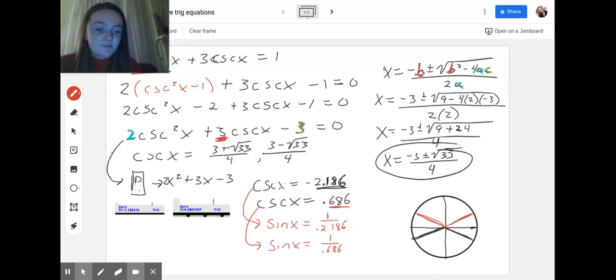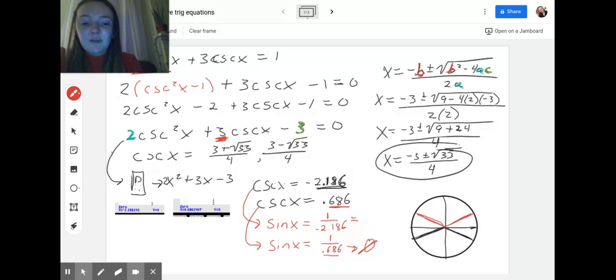It's going to save us some time. If I take the arc sine of 1 over 0.686, I'm going to get something that doesn't exist. The reason it doesn't exist is it's a number that's bigger than 1, and sine cannot have an output that's bigger than 1. So thankfully for us, that one does not happen.